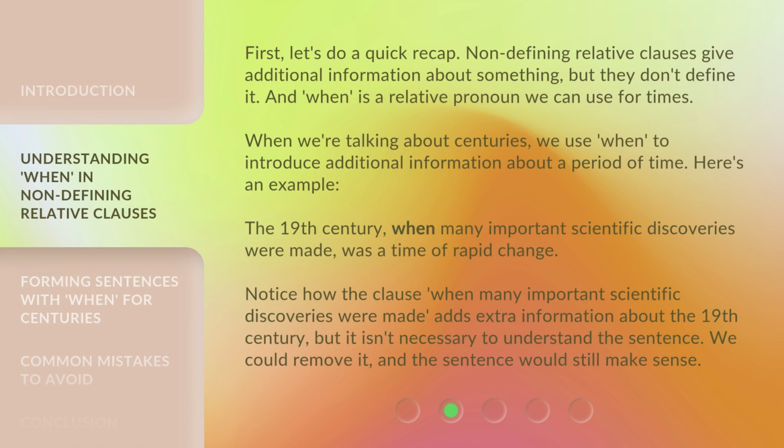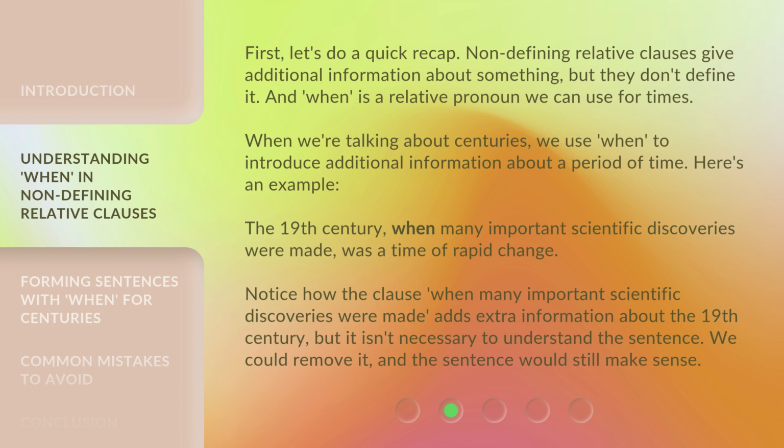First, let's do a quick recap. Non-defining relative clauses give additional information about something, but they don't define it. And when is a relative pronoun we can use for times. When we're talking about centuries, we use when to introduce additional information about a period of time. Here's an example.